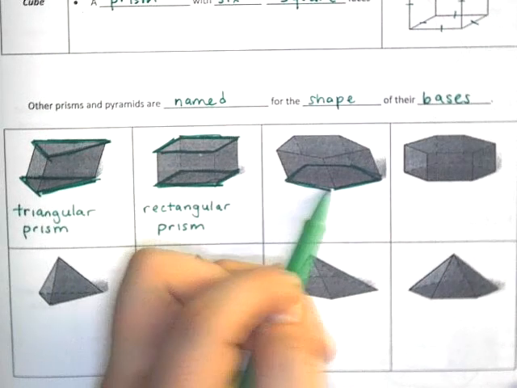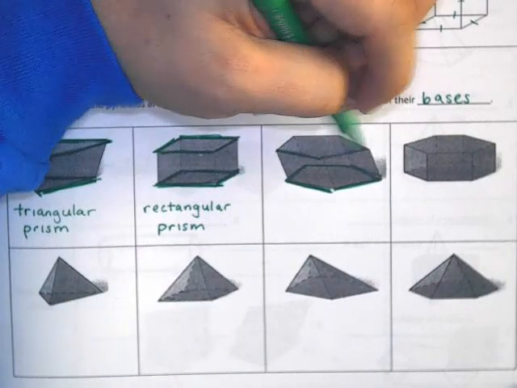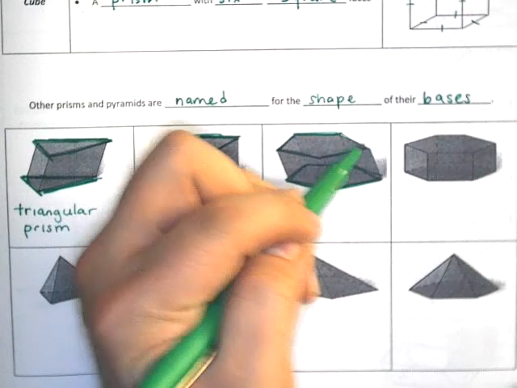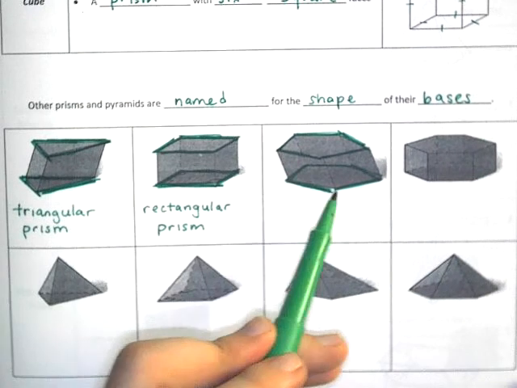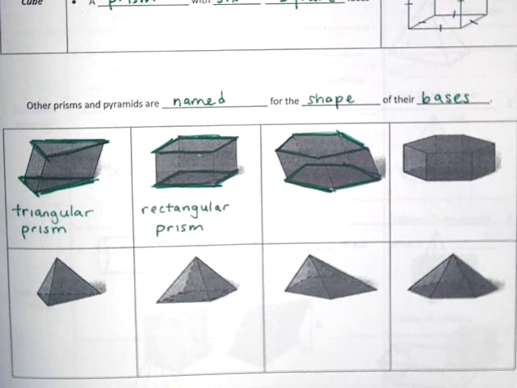That bottom has a match, and it's on the top. Those two faces are both parallel because they're not touching, and they're the exact same shape, so they are congruent. That means that those are our bases.